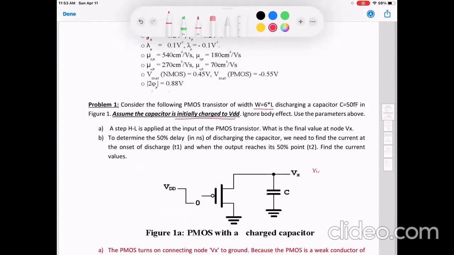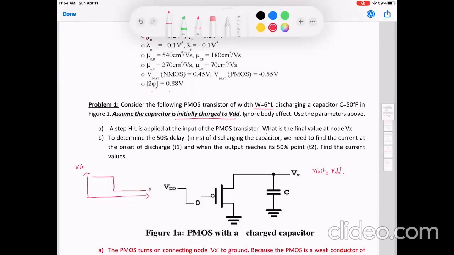So here I have V init equals VDD, and they're telling me to ignore body effect, and that a step function, Vn, is applied at the input. So it is high to low. So Vn becomes low or 0 to activate the PMOS when I'm trying to discharge this capacitor.